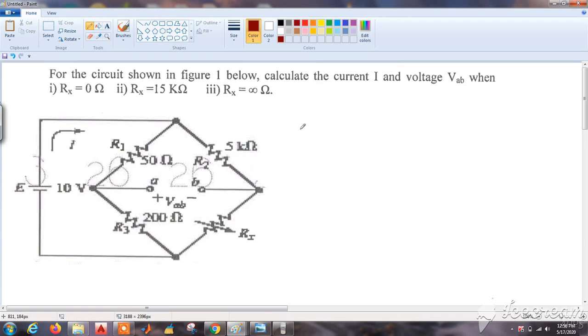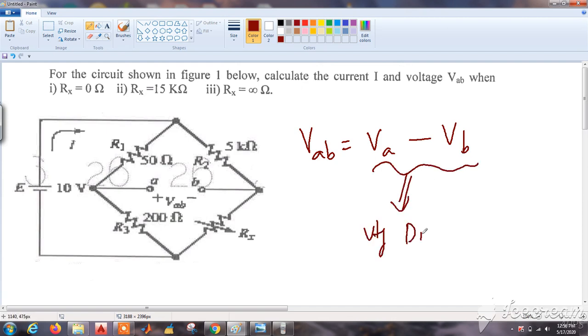So we have calculated the voltage VAB, because we know that the voltage VAB is the difference between the voltage VA and the voltage VB, and we have found VA and VB through the voltage divider rule. That is, we have seen the voltage division rule and applied it to our circuit. This circuit is like a Wheatstone bridge, and for different values of Rx we have calculated the voltage.